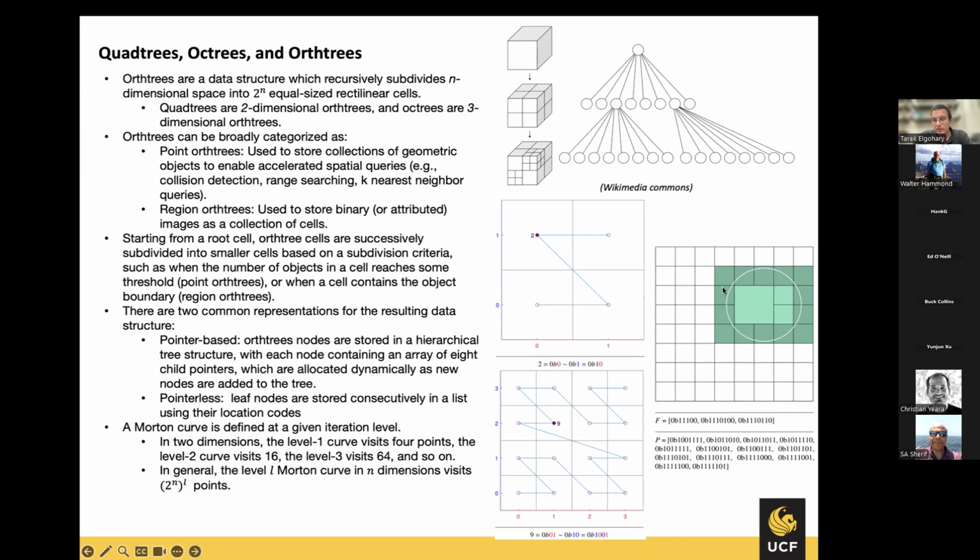For example, this cell here is fully covered. And then the next one goes to the next level, and this is the bit representation, so it's about how you represent these cells in a bitwise representation. Then you have those two cells as a higher level quad tree, and then you have those partial cells that cover that circle in the plane.